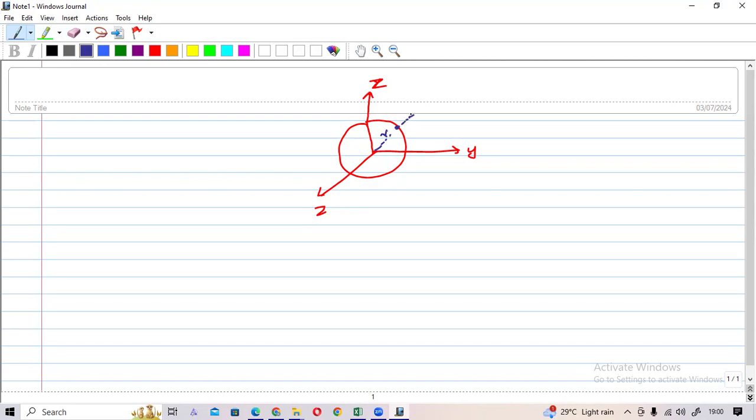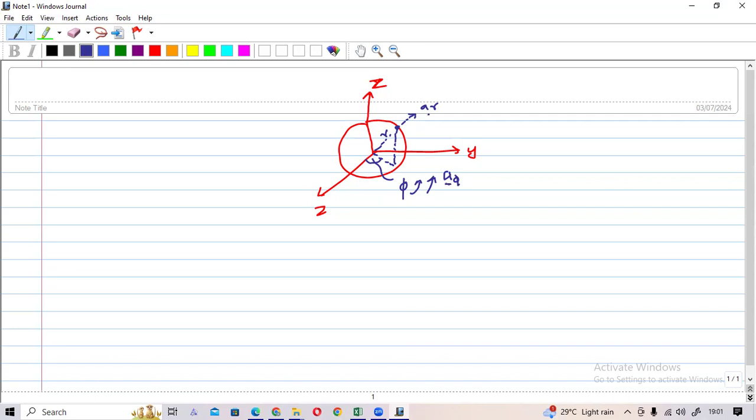So this direction is a_r. And for this point, this angle is phi. So phi is in this direction. That direction is a_phi. This is a vector.